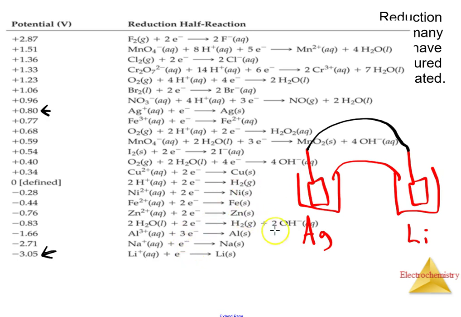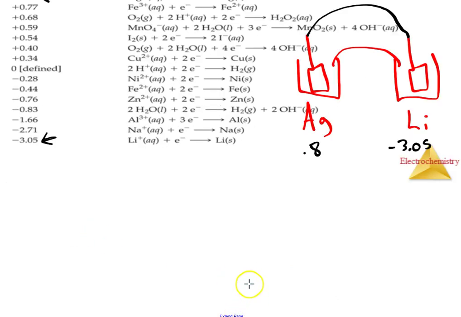So what are these numbers? We have negative 3.05, right? And a positive 0.8, correct? What combination makes this subtract to be a positive value? This is the only way to make that work, correct?